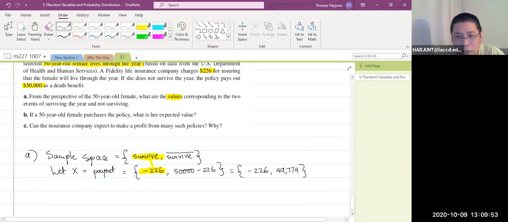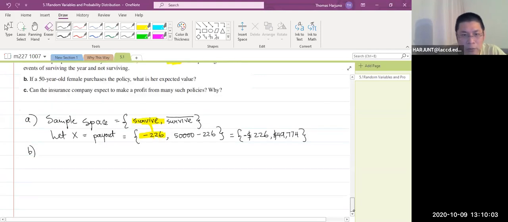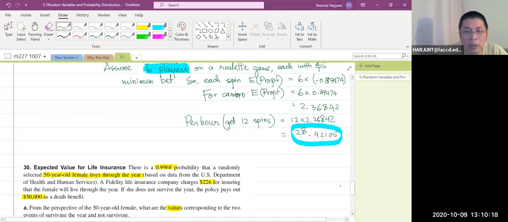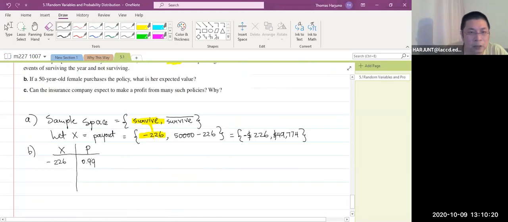Maybe I use $ sign here. That's for part A. Now part B, what is her expected value? Now then I need to create a probability distribution. That's if she survived, with very big probability, of course, you expect that, 0.9968.